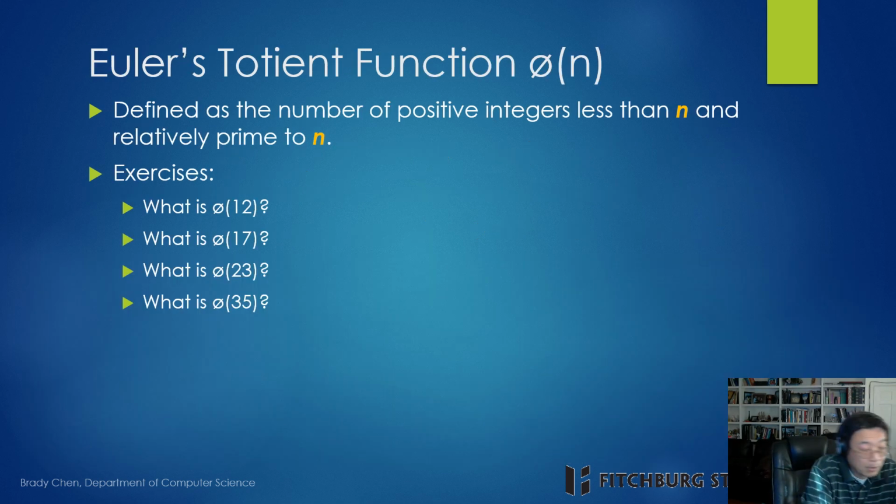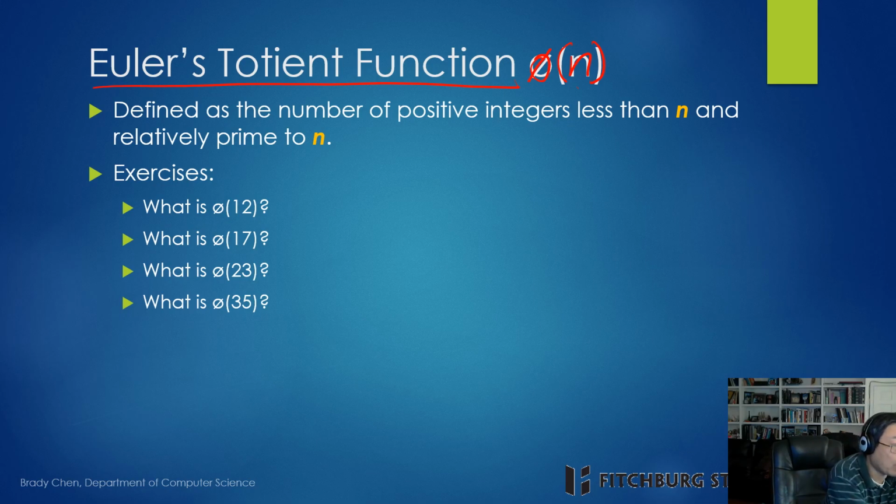Another concept in number theory we're going to introduce is Euler's totient function. We use phi of n for any integer n. So now what's the definition?